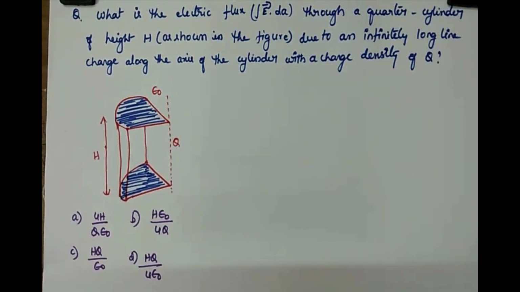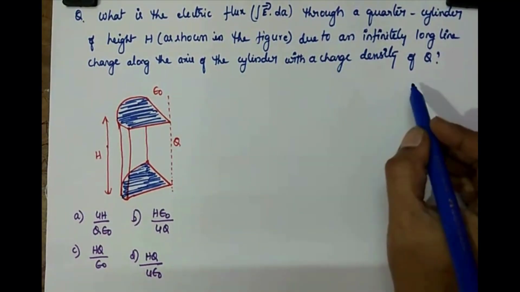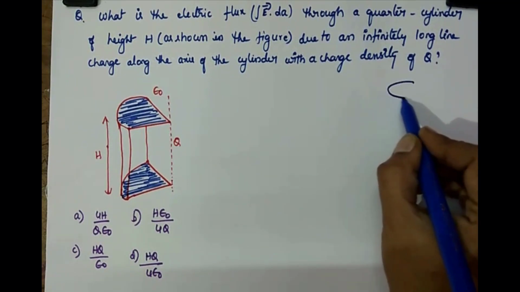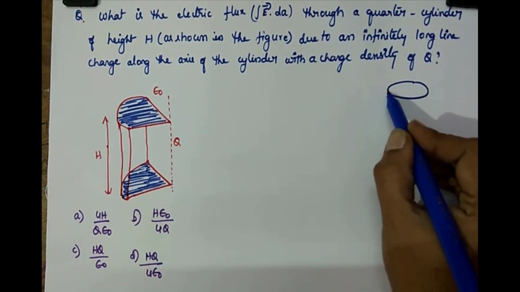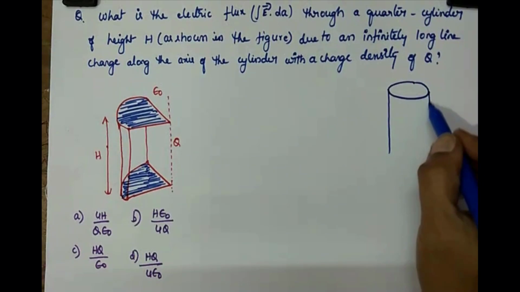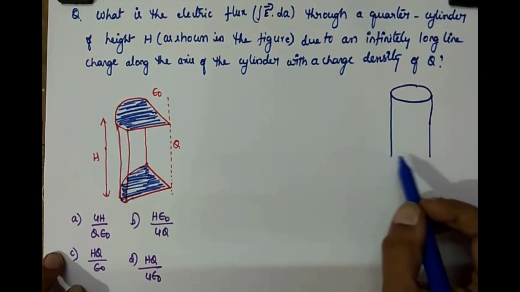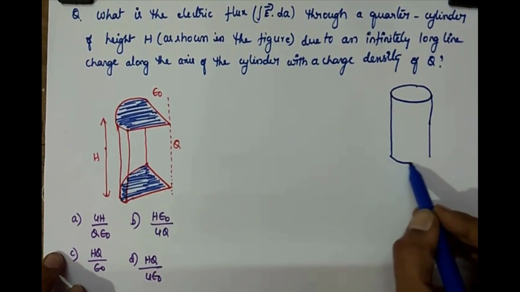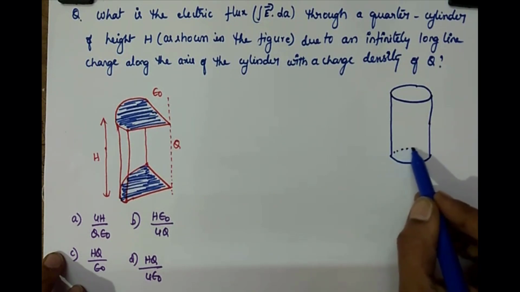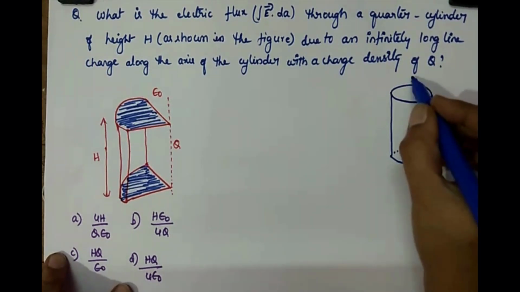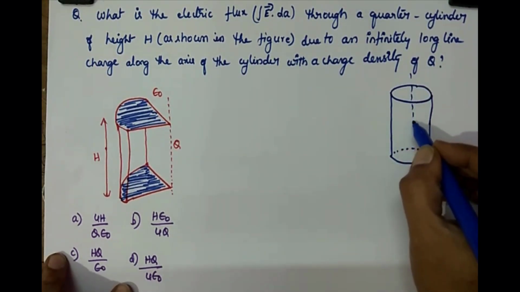Actually, initially what is there? See here, this is a cylinder, and this is the axis of the cylinder.